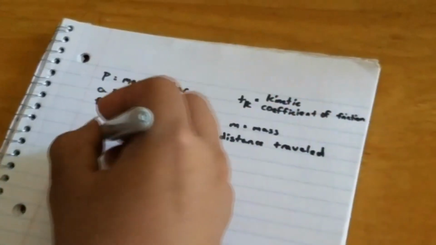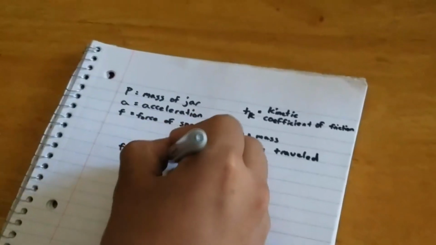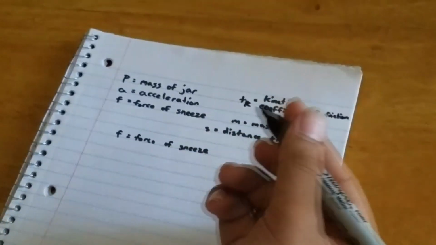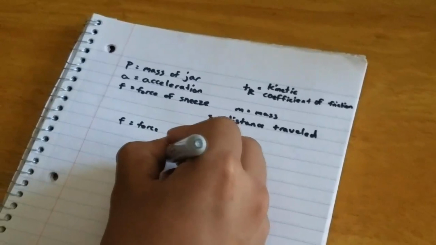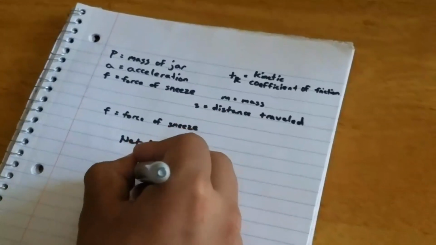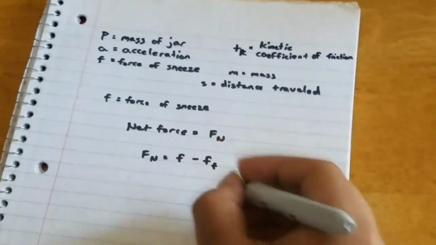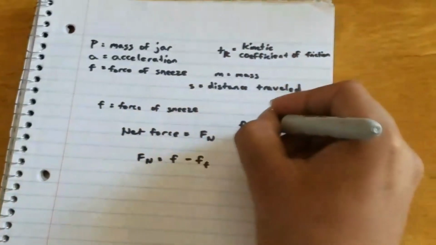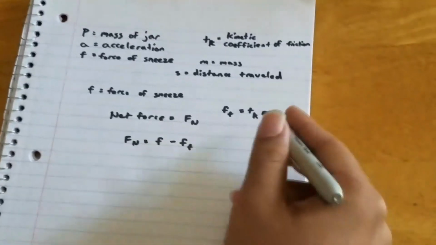So onto the formulas. The force of the sneeze is the initial force that we use to move the jar. In order to calculate the net force, which we will represent by capital F sub n, we will say that it is the force of the sneeze minus the frictional force, F sub f, which we can translate to the kinetic coefficient of friction times the weight of the jar.